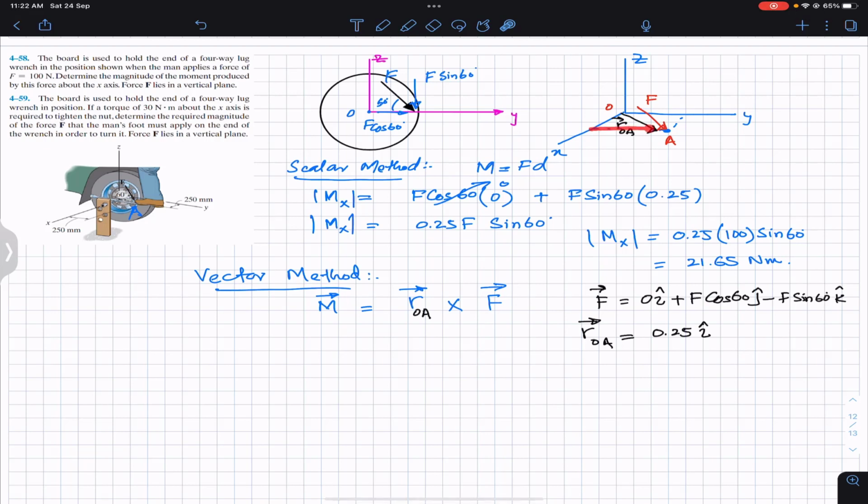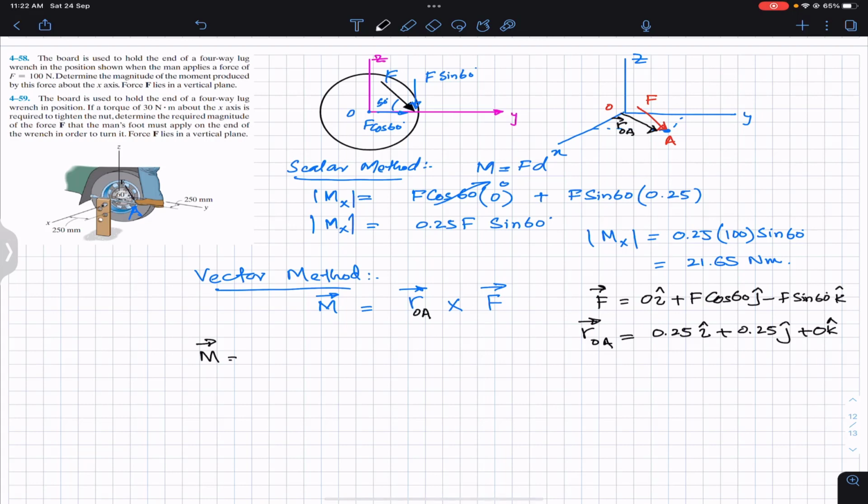And then from here we need to travel 0.25 meters in the positive j, so plus 0.25 in the positive j. There is no need to travel in the positive k since we have reached point A, and there is no need to travel in the z direction. So this is 0k.